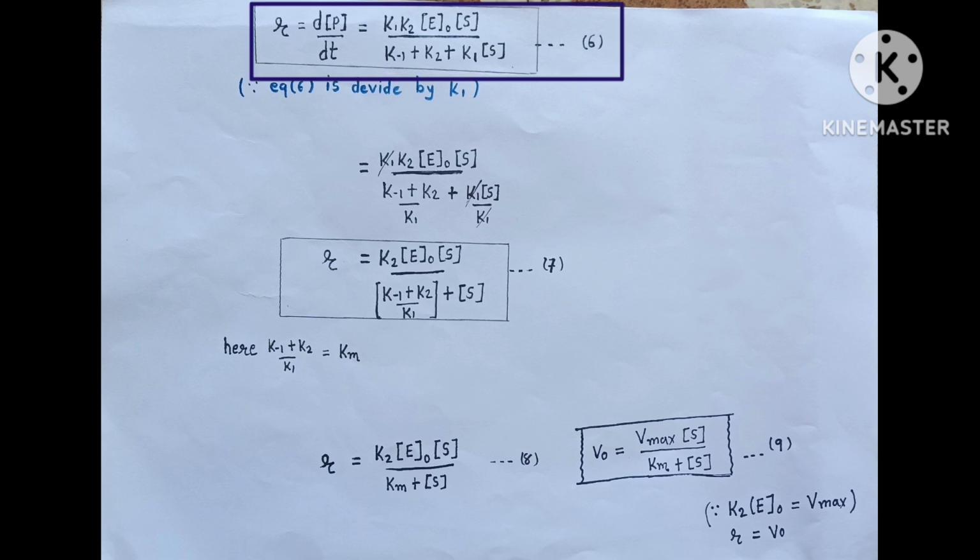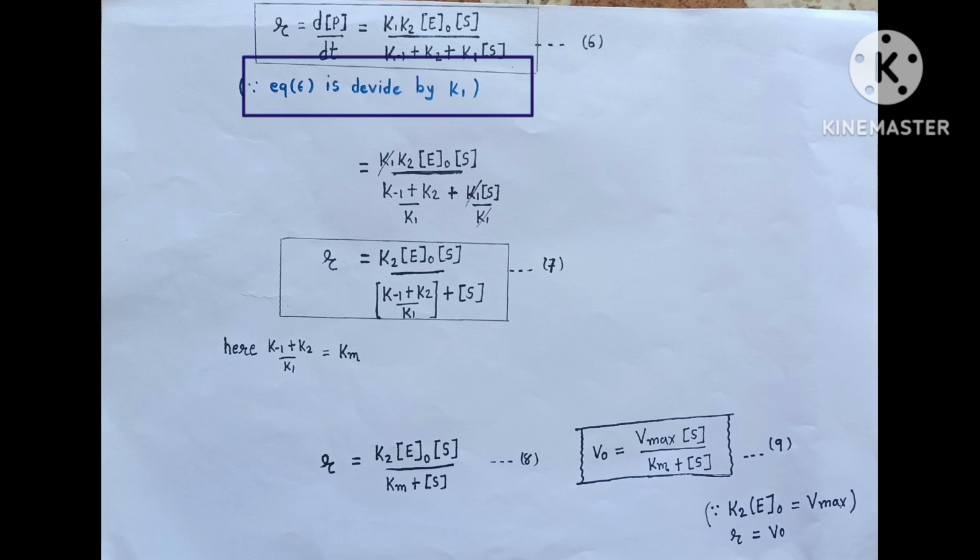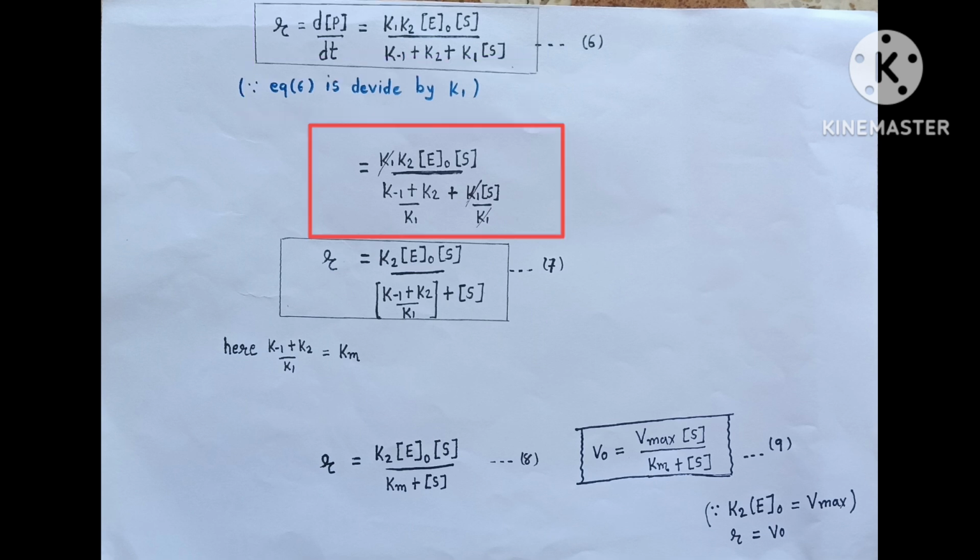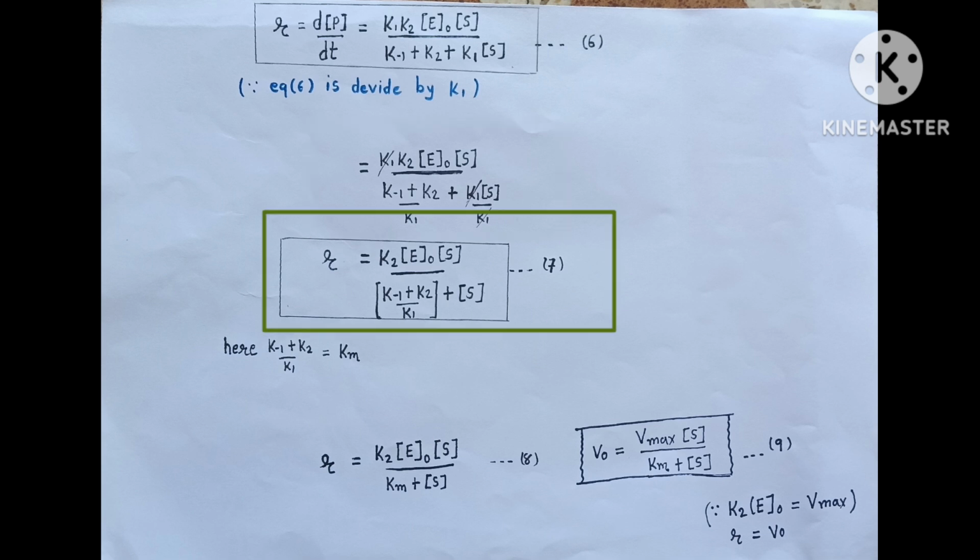Now we will divide this equation by K1. So K1 K2 E0 S divided by K minus 1 plus K2 divided by K1, and plus K1 S divided by K1. Here all these K1 are removed and we get our final equation: R is equal to K2 E0 S divided by K minus 1 plus K2 divided by K1 plus substrate concentration.